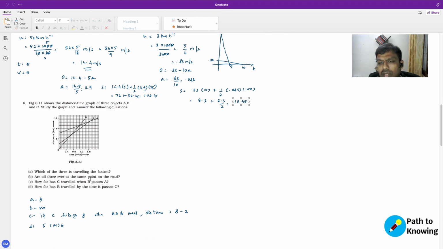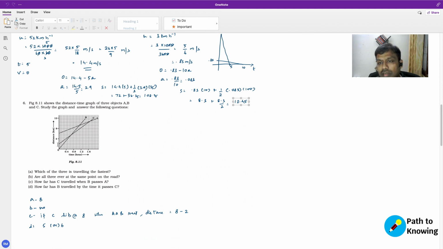Are all the three ever at the same point on the road? Let's see that, right? What does it mean when they are at the same point on the road? Which means that at some point in time they're all together, right?